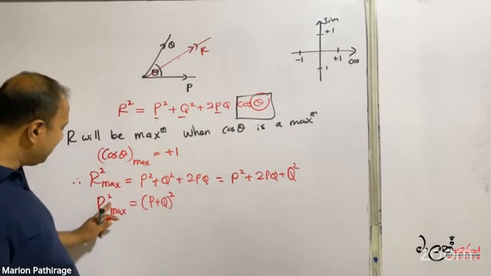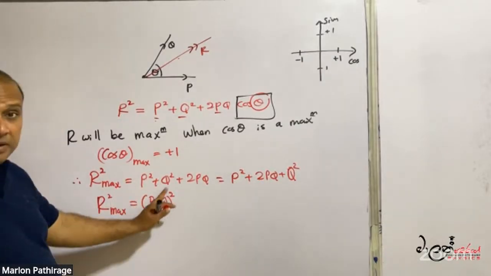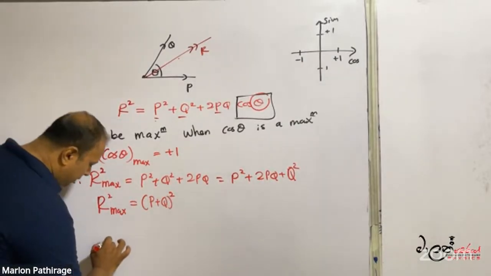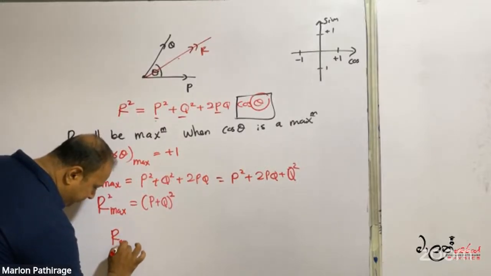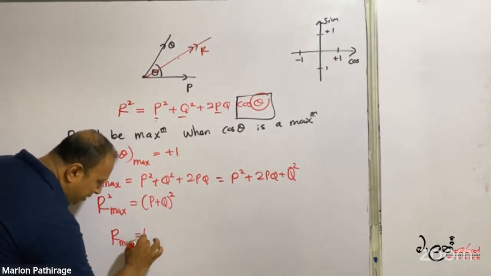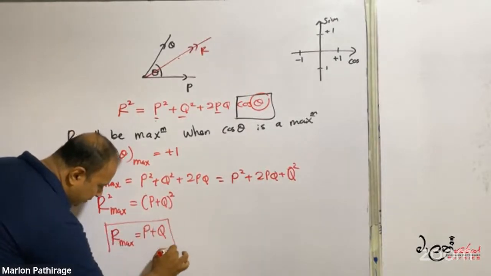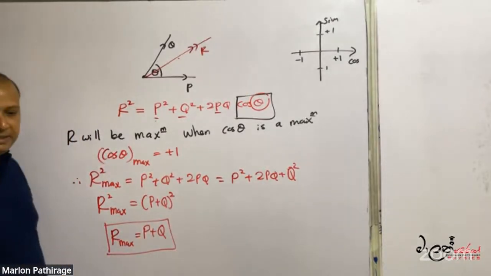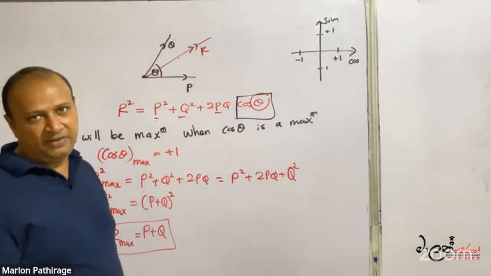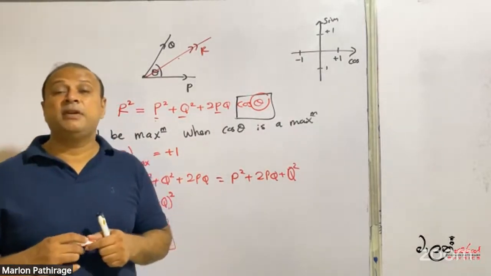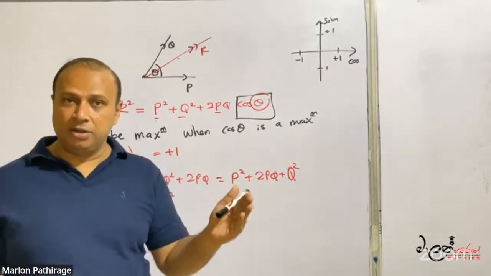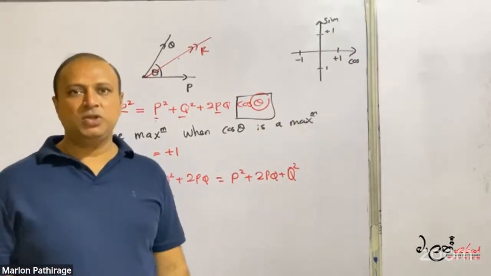Therefore, R square is equal P plus Q square. Therefore, R maximum is equal P plus Q. So, this is the maximum value of resultant vector. Therefore, the maximum value of resultant vector is equal to the addition.